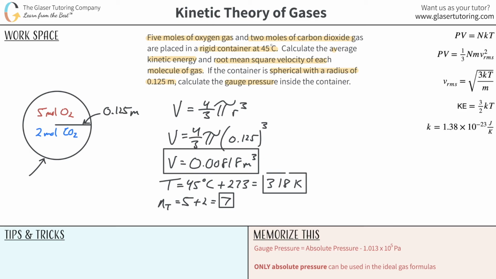Okay, and what that means is that I can find the total pressure. Why? Because I know the total moles, I know the overall temperature of the entire tank, and I know the overall volume of the entire tank itself. So now I'm just looking for a formula that will relate all 4 of these variables to one another.